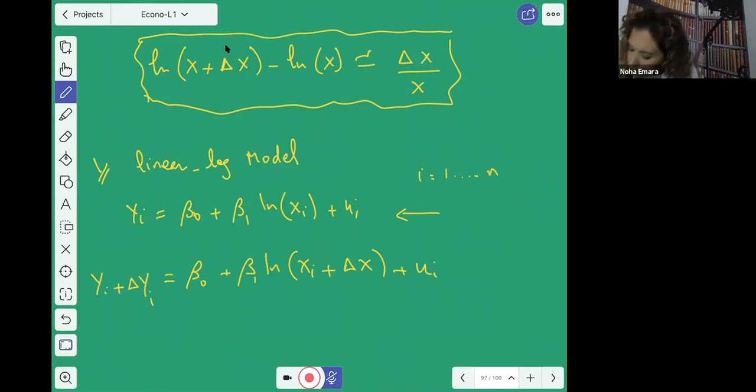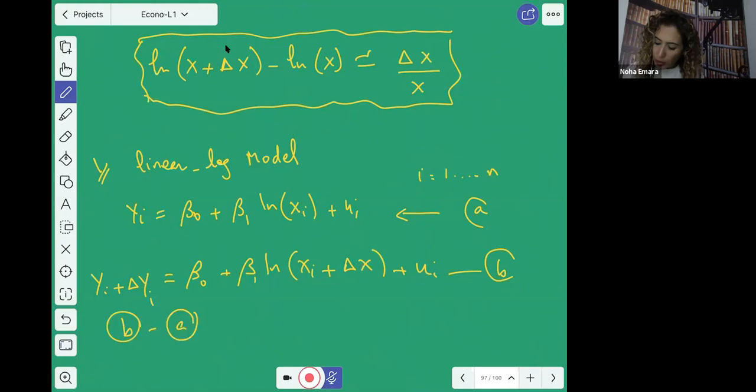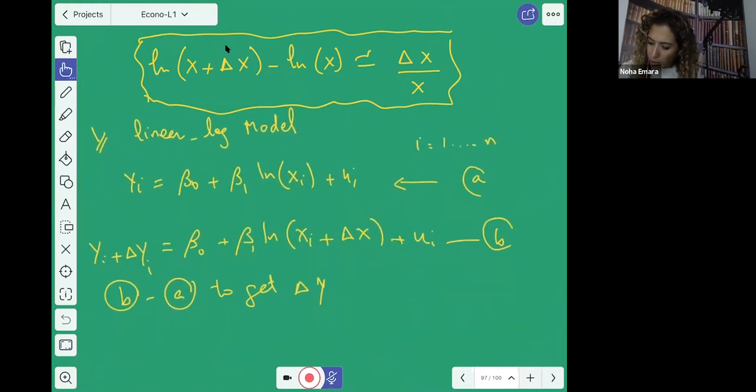So now let's call this one equation A, and this is equation B. If I want to know the impact of x on y, it's going to be equation B minus equation A, to get the change in y, which is our dependent variable. So we basically subtract.